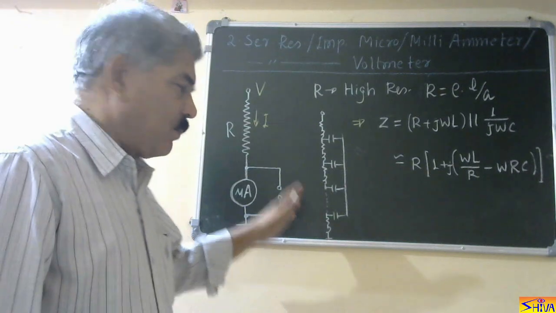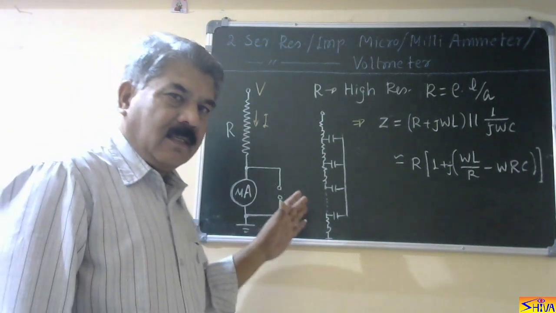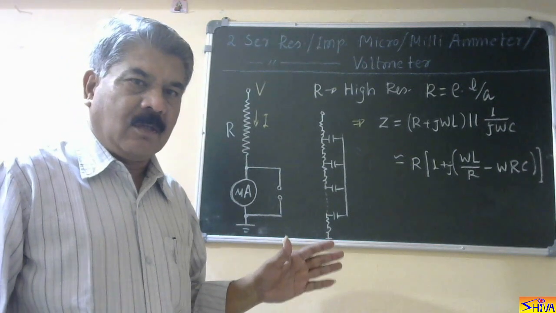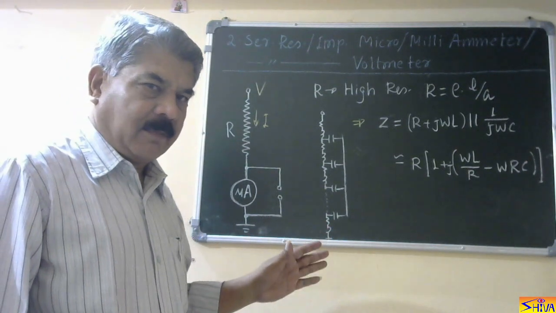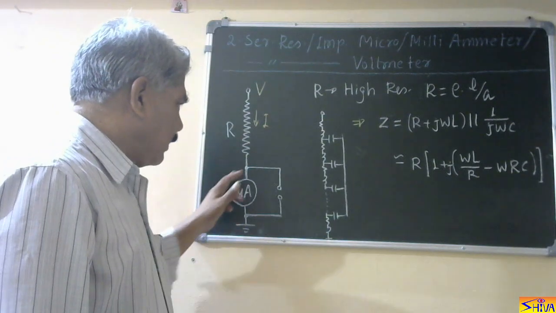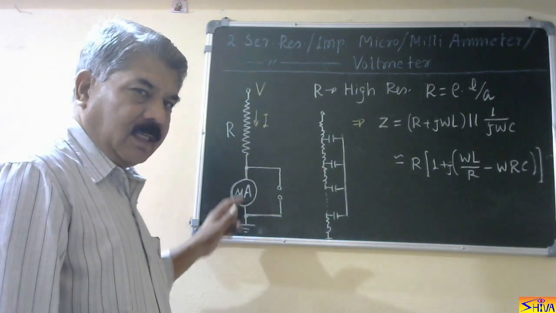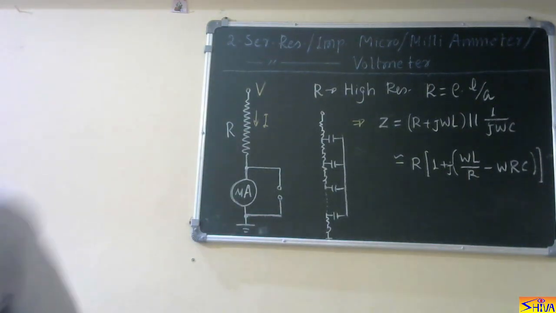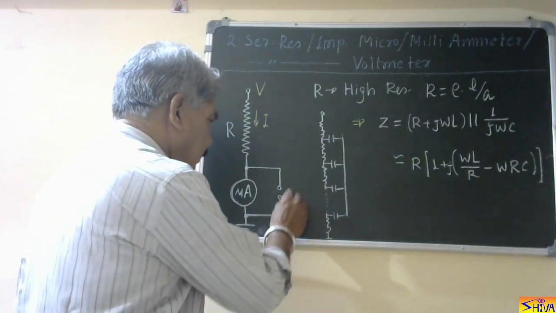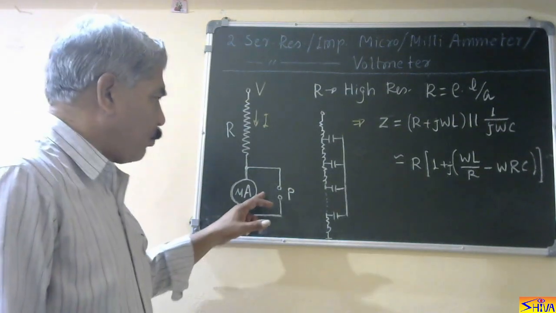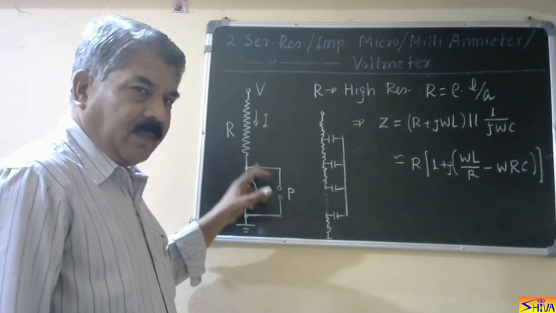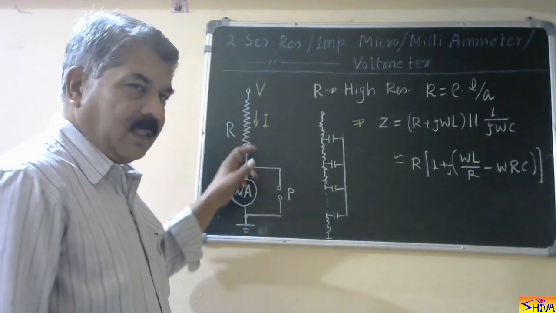This method, if you look at the diagram, is similar to the series resistance micro-ammeter method used for high DC voltage measurement. Only difference is here, in place of a DC ammeter, we are using an AC micro-ammeter. This is a protective gap to protect this meter if there is over voltage coming at this point due to some problem in this resistor.